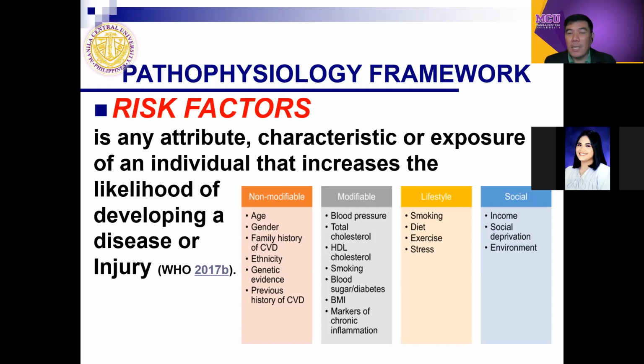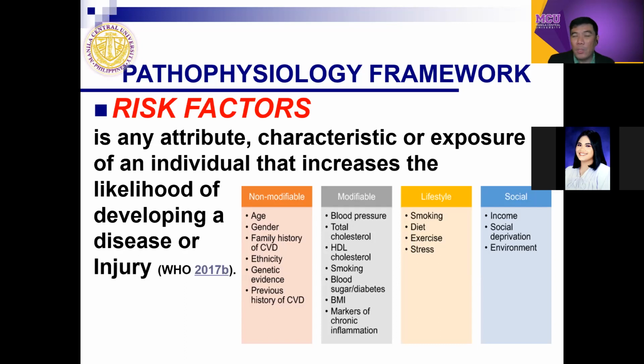Previous history of a disease. Usually these are chronic illnesses. What are chronic illnesses? Chronic illnesses are already managed at the time they were diagnosed, and they can only maintain the equilibrium of their health through therapy, specific treatment, or pharmacological management.